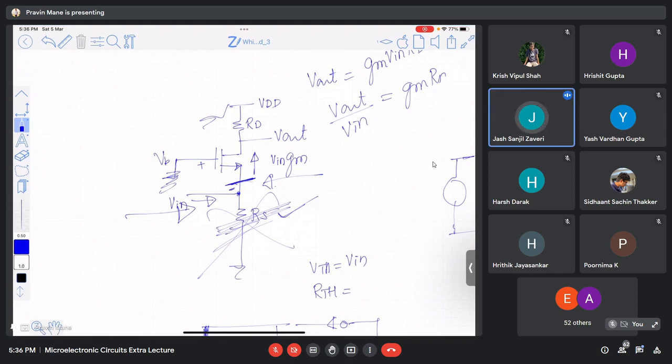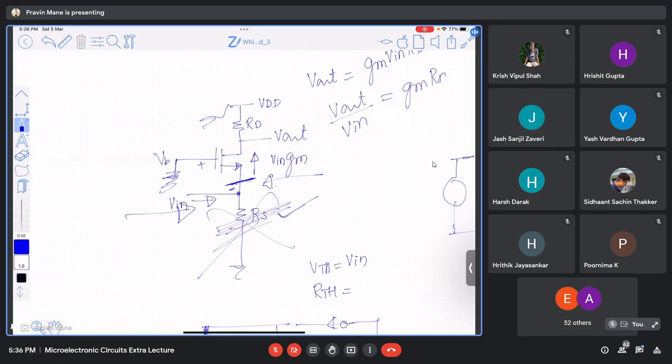But earlier in the lecture, we solved a similar question where we had taken R naught into consideration, and you said the R out from that point would be RS parallel 1 by GM plus R naught. Why does the same thing not apply here?